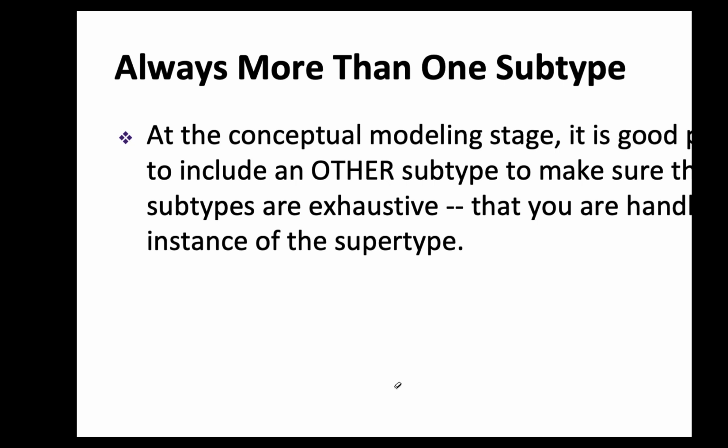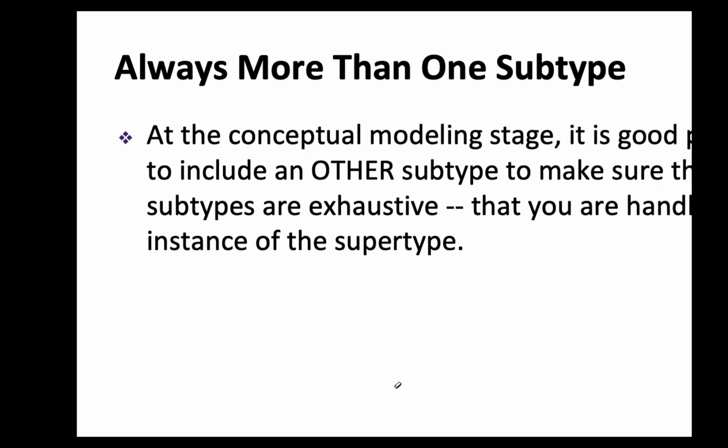But we should include another category as other, so that later on, if a customer comes and our business rule allows him or her to pay in a fourth way, that other subtype can accommodate that person. Otherwise, obviously, you cannot add him as cash if he is not giving you cash. And if he is not paying through check, you cannot add him as a customer paying through a check, because then you would need a bank name and all other required information.